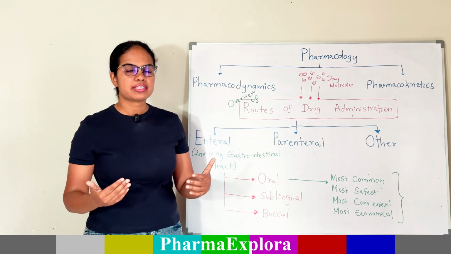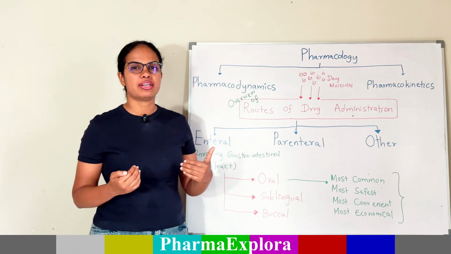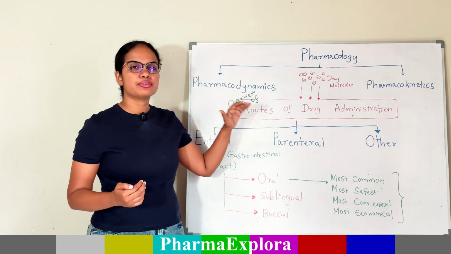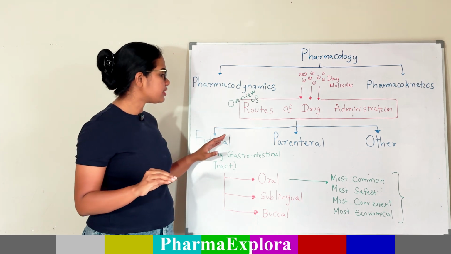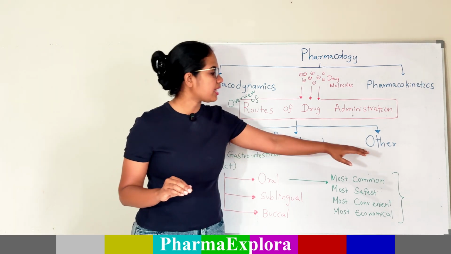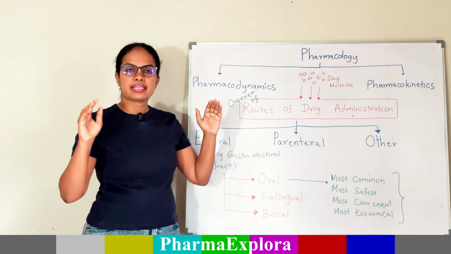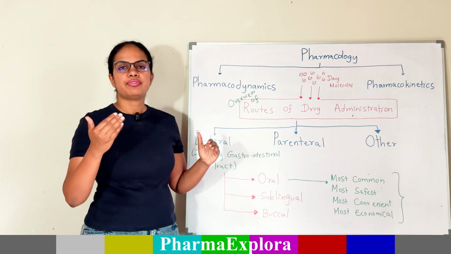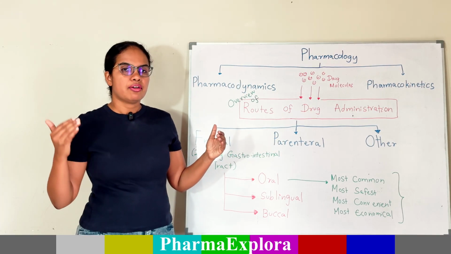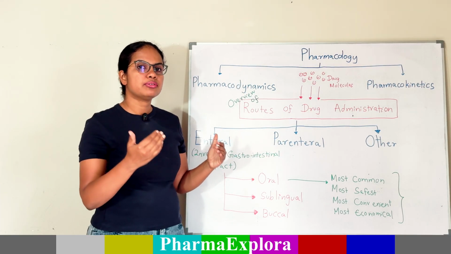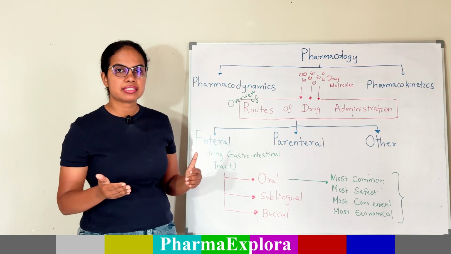We divided these routes into three main categories: the enteral route, the parenteral route, and the other routes. Enteral involves the gastrointestinal tract, and parenteral means we administer the drug directly into the systemic circulation, or in other words, the bloodstream.